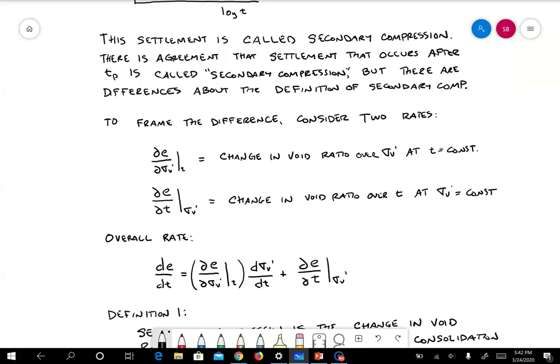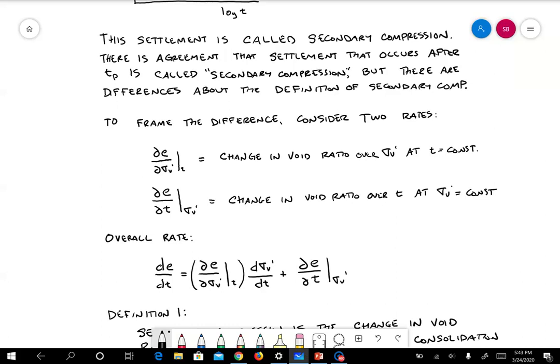It's equal to de/dσ'v at constant t times dσ'v/dt, plus de/dt at constant σ'v. So both of those components are adding together to give you the total amount of void ratio change during primary consolidation and then during secondary compression also. It's just that eventually this dσ'v/dt goes to zero, so we're only left with this term.